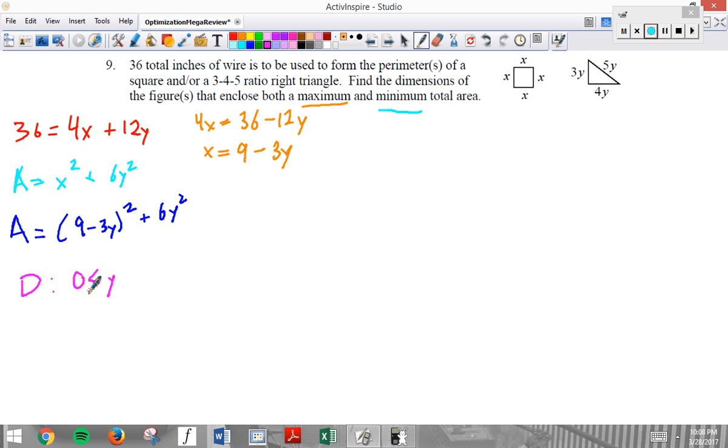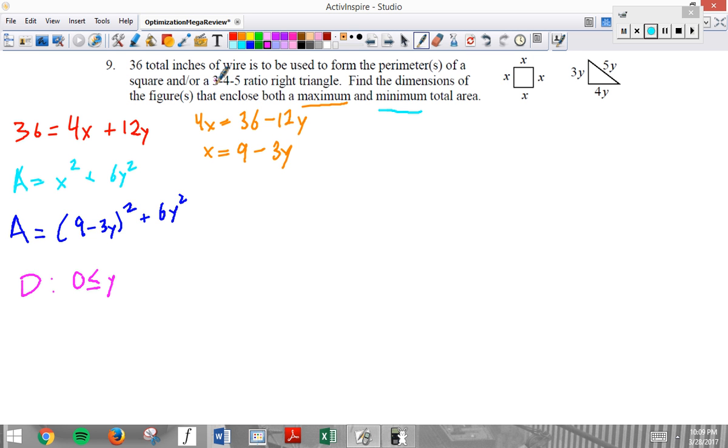No, it doesn't. Why not? Because if y were 0, it would mean the best version we could get is by killing the square. Or sorry, if y were 0, it would be killing this triangle. And that's okay. I'm going to say that's playing by the rules here.